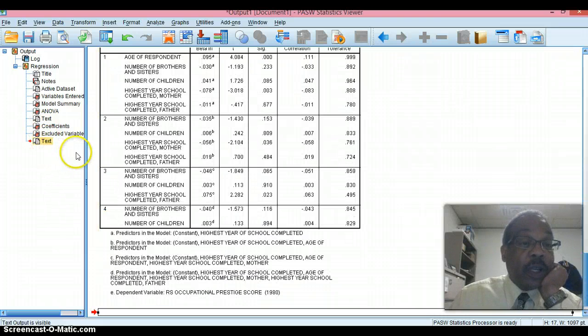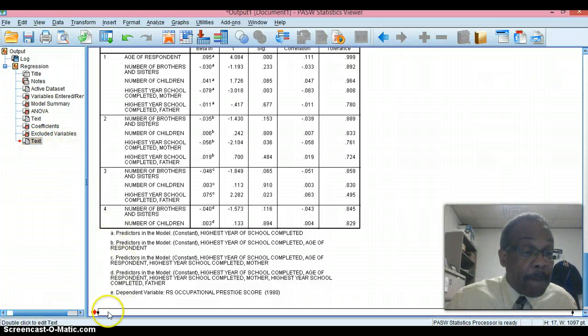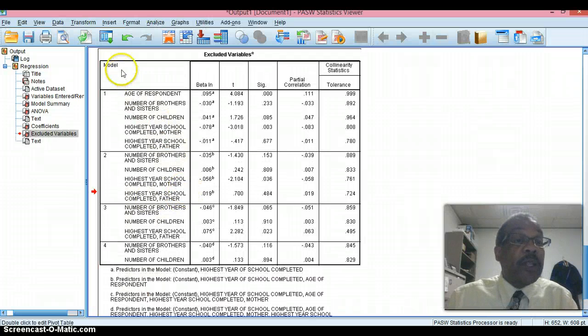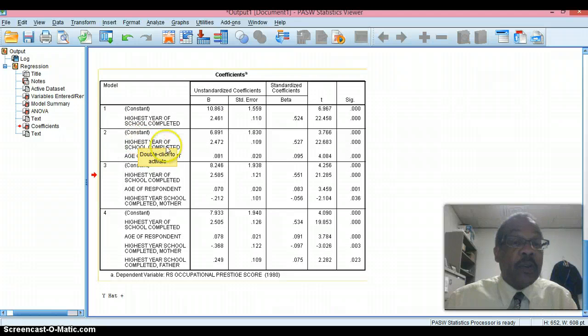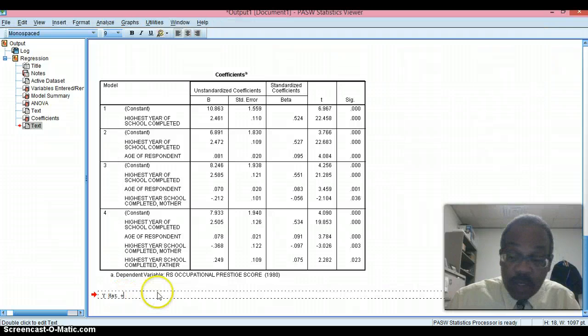So in our new text box, y hat would be, actually these are the variables that are excluded, so let me delete that. I don't need that. This is the table I need, and it is this last set of information that I need. So y hat, see if I could get back in this text box.